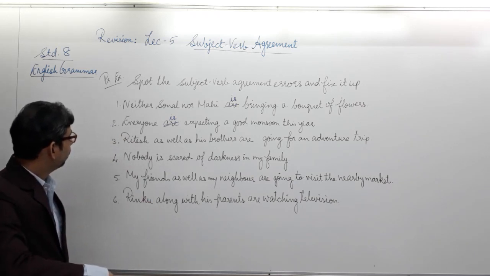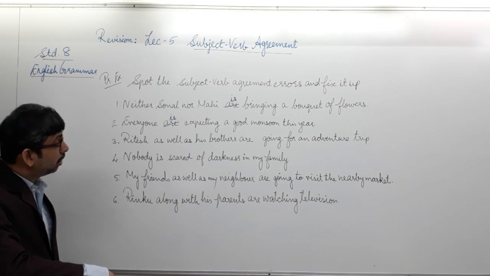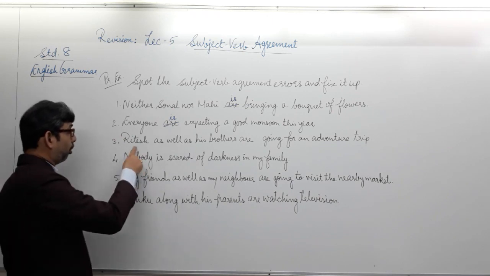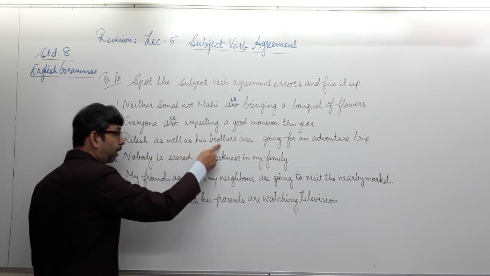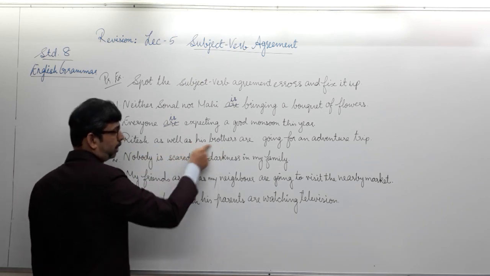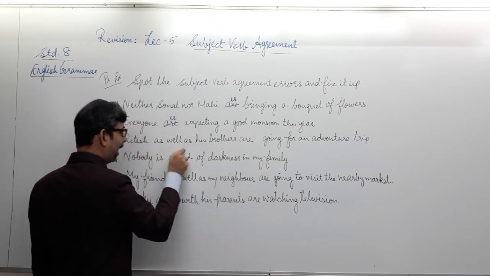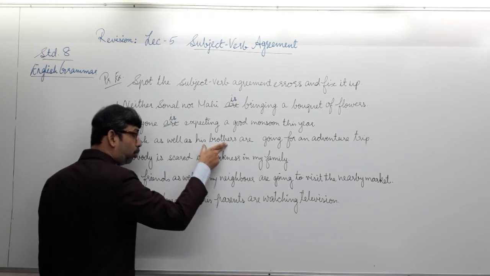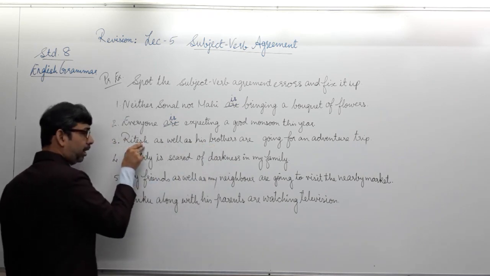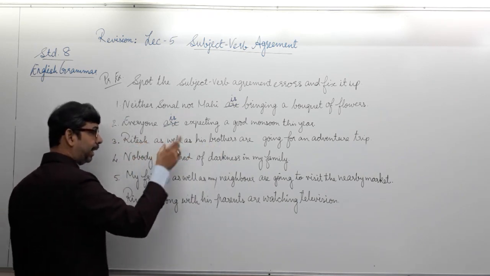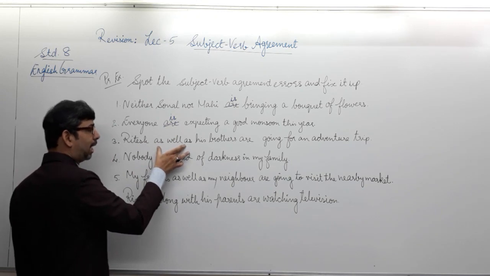The next sentence, number 3: Ritesh as well as his brothers are going for an adventure trip. Well, read it once more. Ritesh as well as his brothers. So plural? If it is plural, then we require "are" over here? No, that's not right. The nouns Ritesh and brothers are two nouns connected with the phrase "as well as".